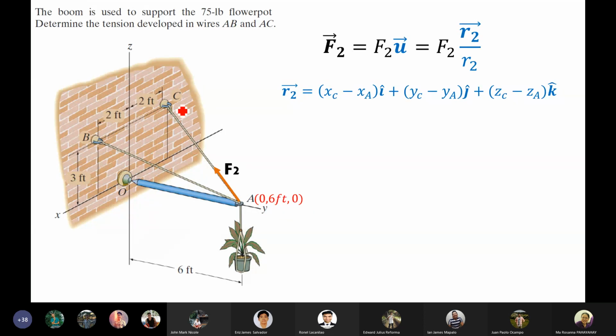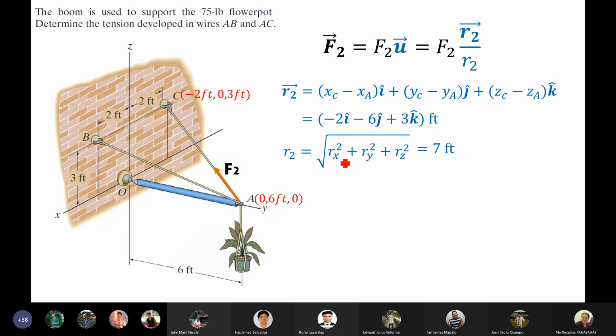And ang position C is negative 2, 0, 3. So, the formula for our position vector 2 is negative 2 I hat minus 6 J hat plus 3 K hat feet. And the magnitude of that is 7 feet. Okay, same lang. Ang difference niya lang kanina is negative lang yung ating I hat.